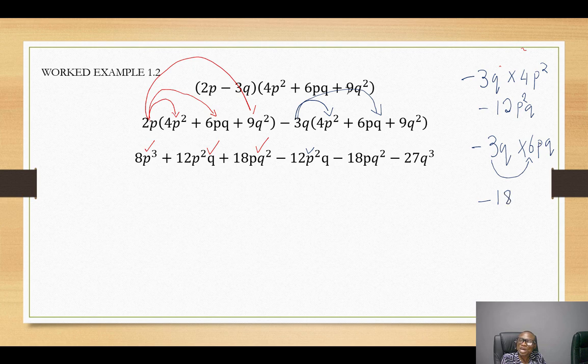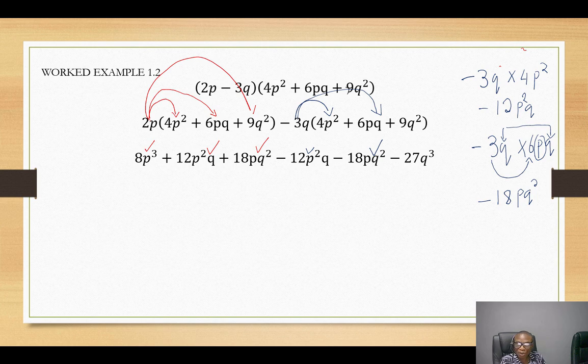I prefer to start with p, so I will write this p and write q squared. Q squared comes from q being multiplied with q. So it's minus 18p q squared. I think I'm doing well here. I'm patient with my explanations.